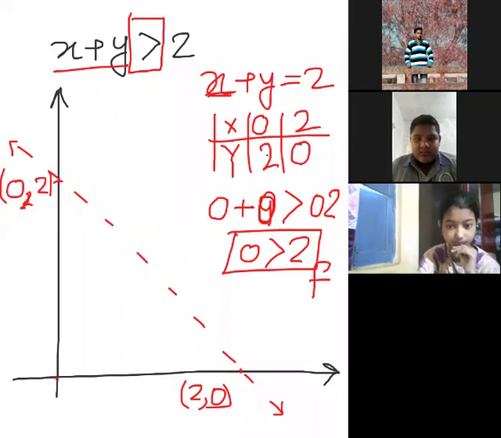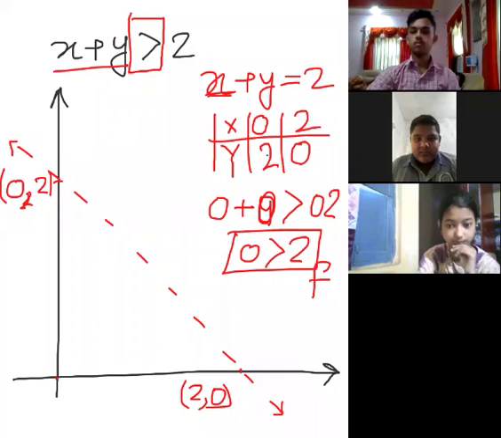It is false. If it is true, then we need to shade towards that point. If it is false, we need to shade away from that point. So now we are shading away from this point. Away from this point means this is the shaded region.